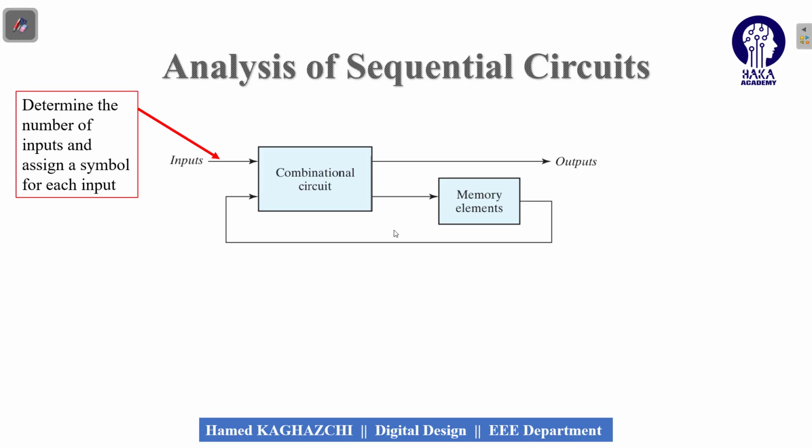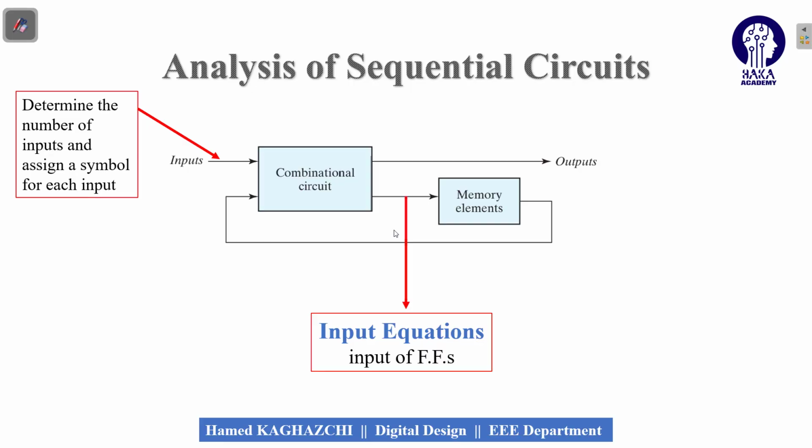So then you can see that here the output of the combinational circuit that goes to the memory element or inputs of the flip-flops has to be found. So we call these equations the input equations. So the input equation means finding the inputs of the flip-flops.